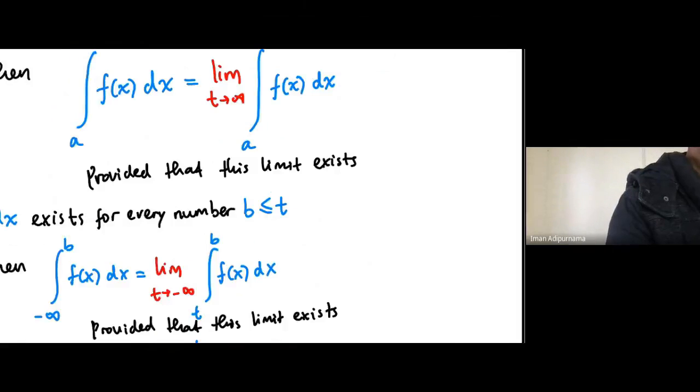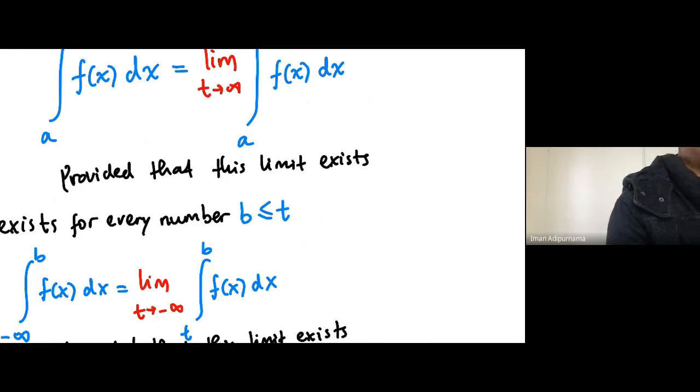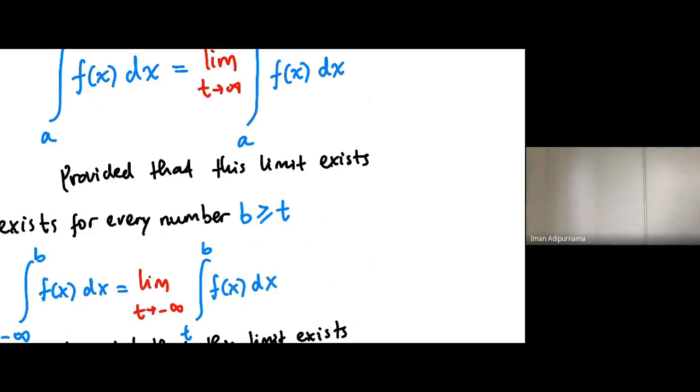Sorry. Okay, so I think I've made a mistake. This one should be greater. B should be greater than t. Okay. Sorry, but at least the formula is correct. I'm switching this too.